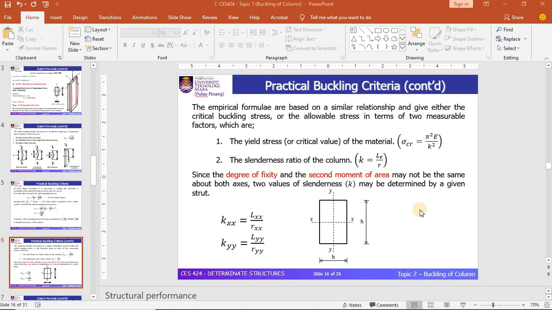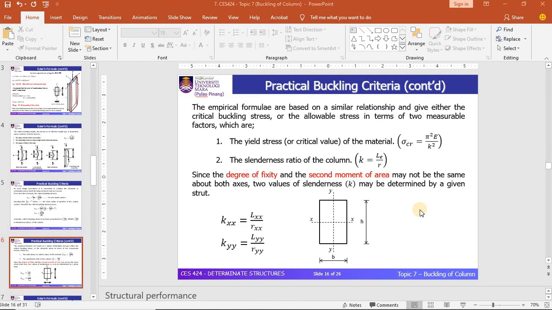We have seen that I, the second moment of area, and the effective length of the column influence the PCR value. Right here we will discuss in detail how the slenderness ratio influences the critical buckling stress. Similarly, for rectangular cross sections, the slenderness ratio can be in the x-axis and in the y-y direction.